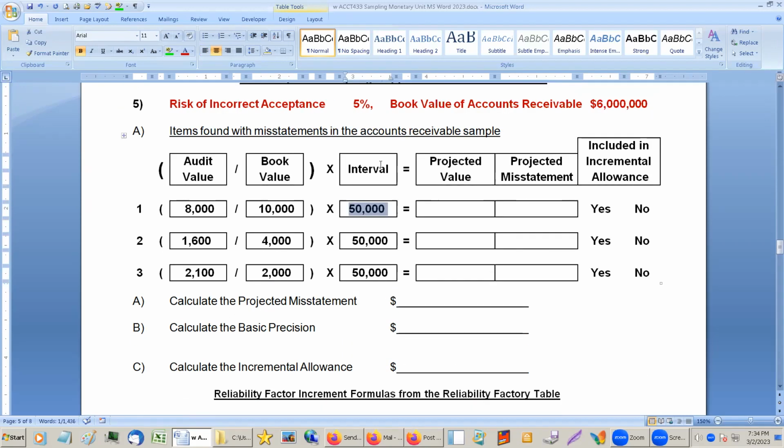How many items were in our sample? Hold on, I don't know myself. We have our interval of 50,000. So how many items were in our sample?